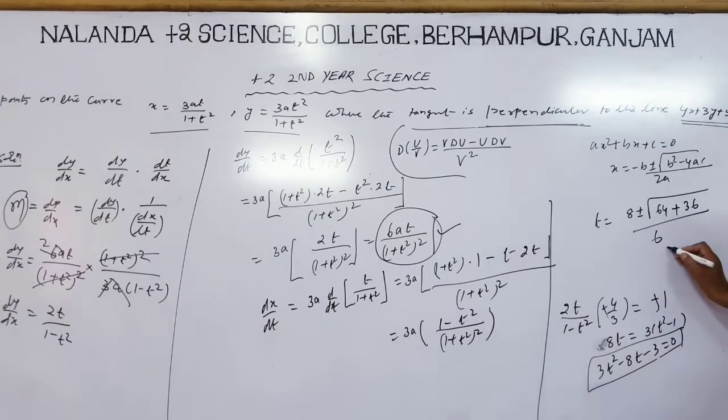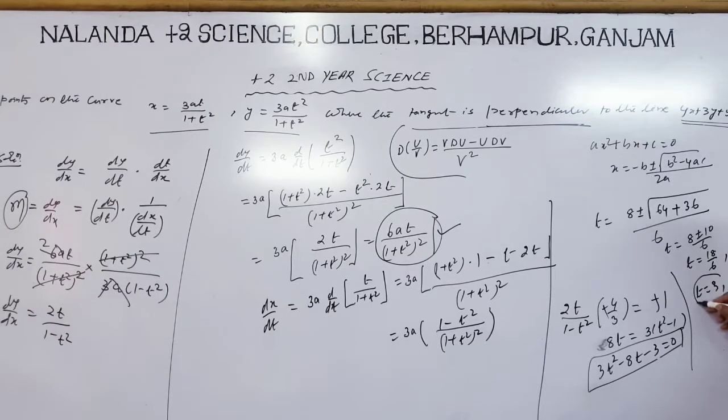Now t equals 8 plus or minus 10 by 6. So t equals 18 by 6, and t equals minus 2 by 6. So t equals 3, t equals minus 1 by 3.